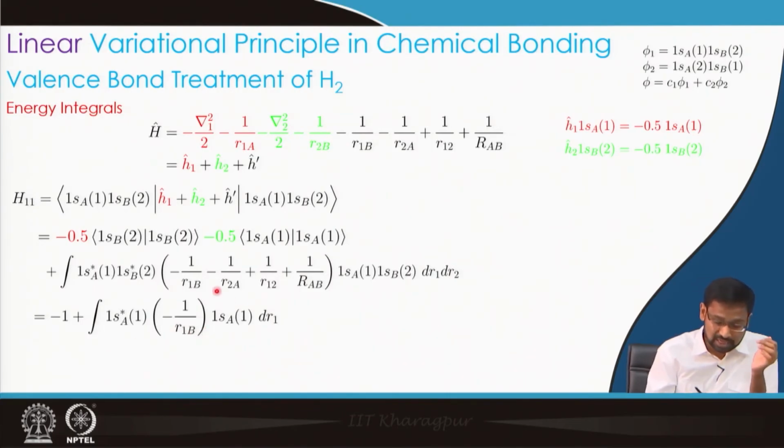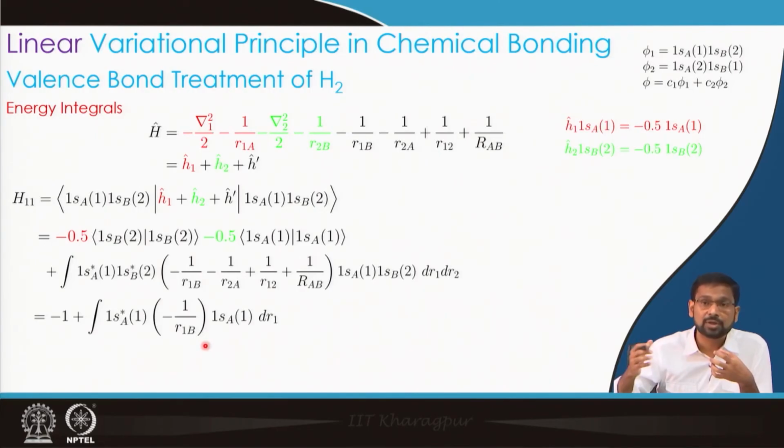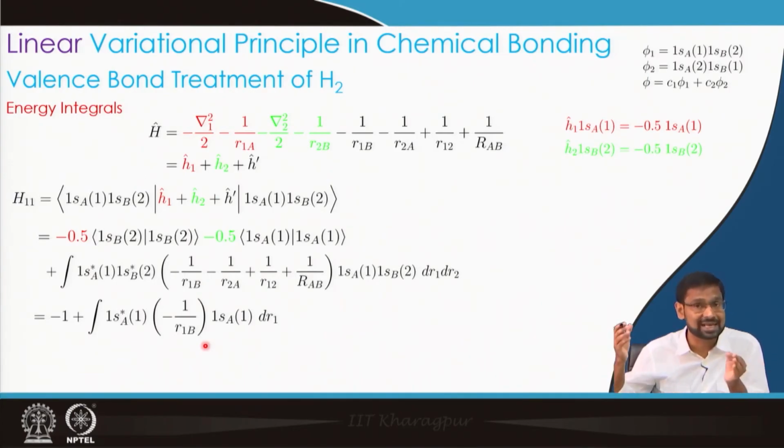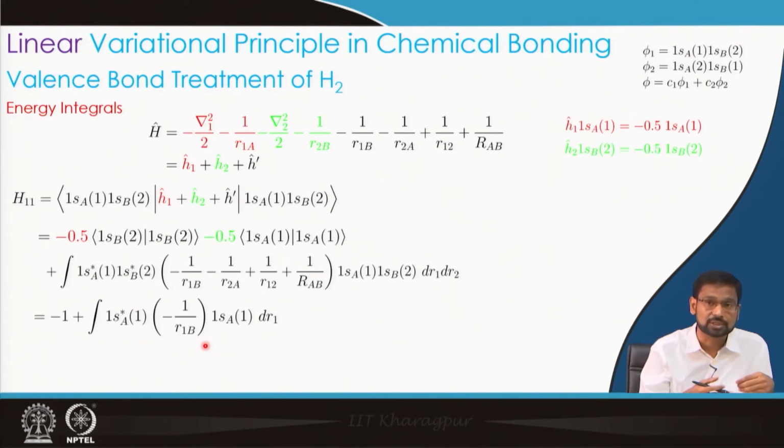So, this integral is essentially a Coulombic interaction between the charge cloud of electron 1 with the nucleus B. Mind you, when these two hydrogen atoms were far away from each other, electron 1 wasn't aware of nucleus B. Now, because they are coming closer to each other, I have got this Coulomb type of interaction of electron 1 with nucleus B. So, this is one of those Coulomb integrals I call.